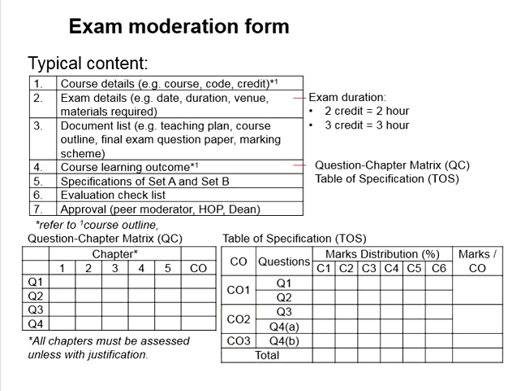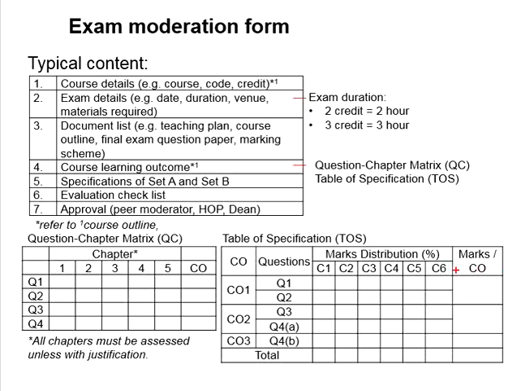This is obviously not well distributed. In this case, the peer moderator, head of program, and also the dean may reject your proposed final exam paper. Then you will need to reconstruct the final exam paper until it is accepted.